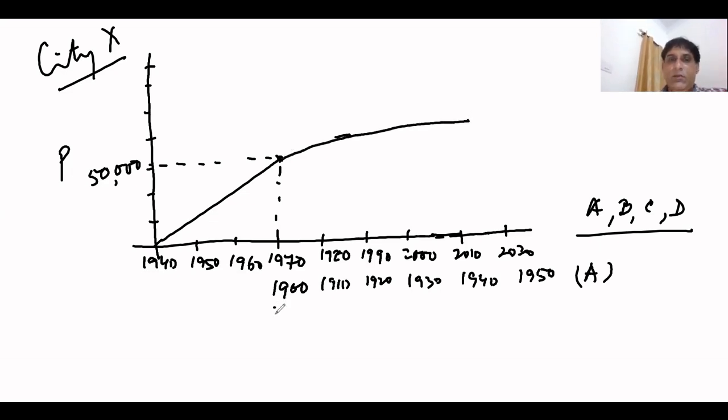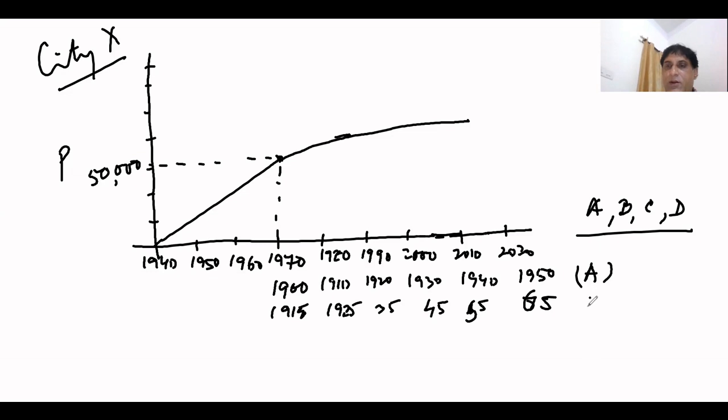Now maybe for city B it was 1915, 25, 35, 45, 55, right. This is 55, this is 65.